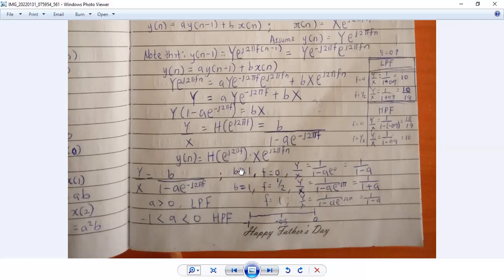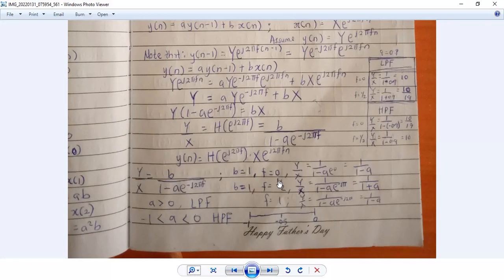So B is just a gain, a constant, so you can set it to 1 or any value you like. Then we set F, the frequency, to 0. So this signifies a low frequency. So if F is equal to 0, the transfer function becomes 1 divided by 1 minus A.